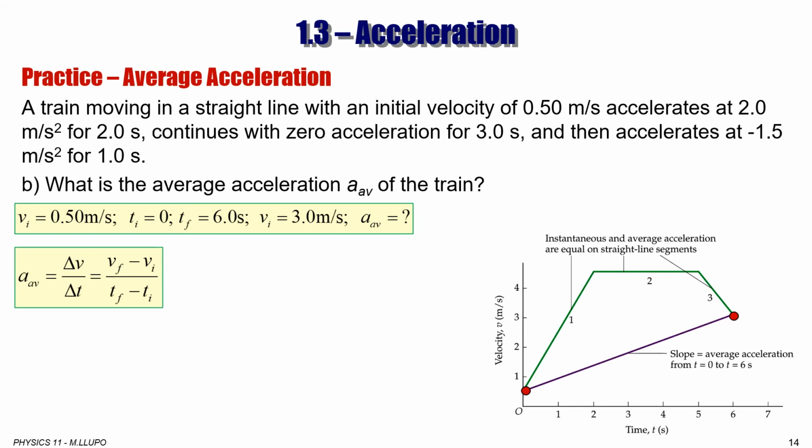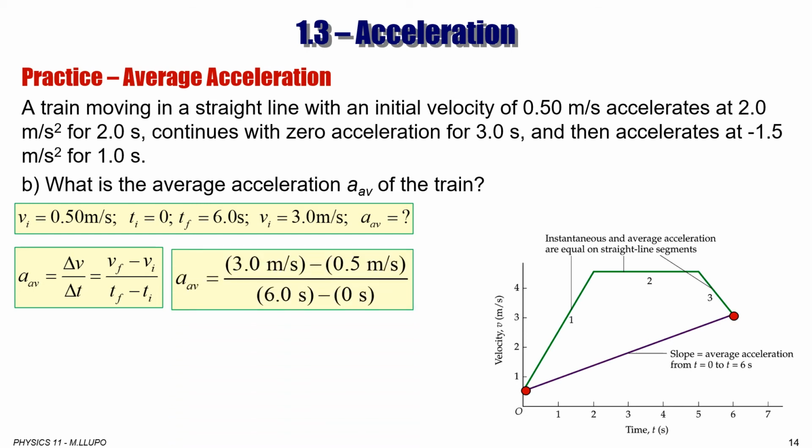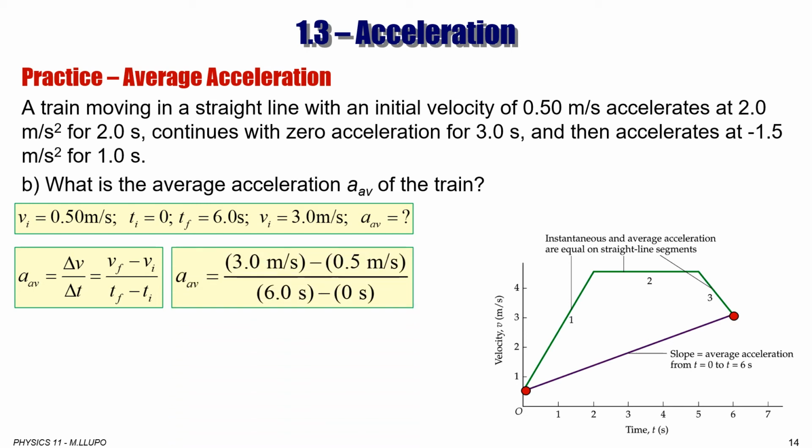And then you can calculate average acceleration as v final minus v initial over t final minus t initial, which actually is the slope of that line. Then you can plug in those numbers and you get the average acceleration is 0.42 meters per second square.